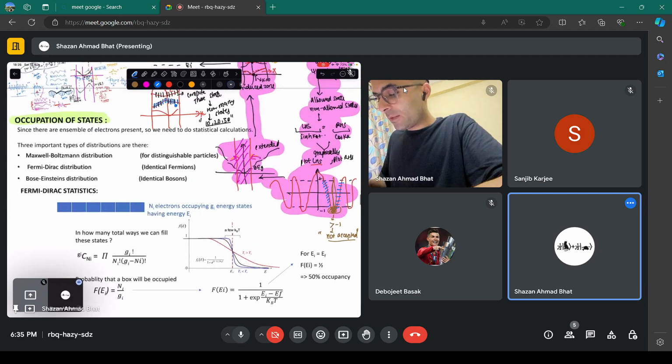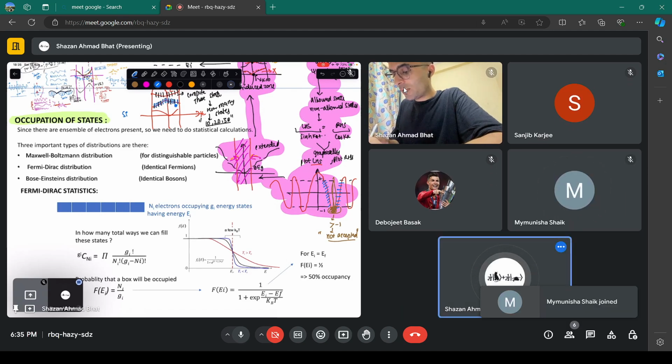Since we have so many electrons, there is not a single electron in it. Let's say if you have a single silicon atom, then the number of electrons is equivalent to the atomic number, and you can consider how many silicon atoms are in a centimeter cube, and then compute how many electrons there will be. Let's say it's of the order of 10 to the power 20 per centimeter cube.